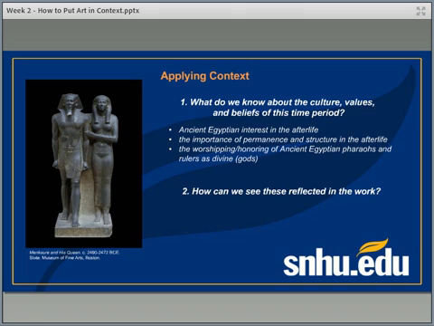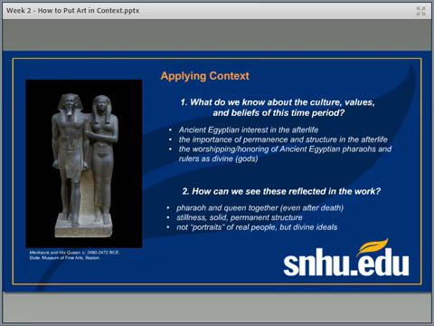We learn more about the ancient Egyptian interest in the afterlife, the importance of permanence and structure in the afterlife, and that the people of ancient Egypt tended to worship and honor their pharaohs, their leaders, as if they were divine, as if they were godlike. So when we learn more about the culture of ancient Egypt, we can then start to think about, okay, how do we see some of these cultural elements reflected in this particular work here?